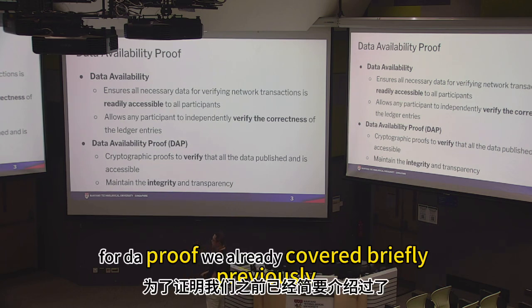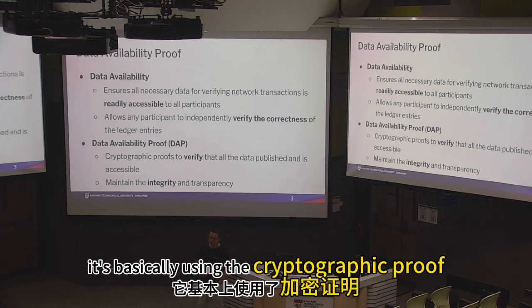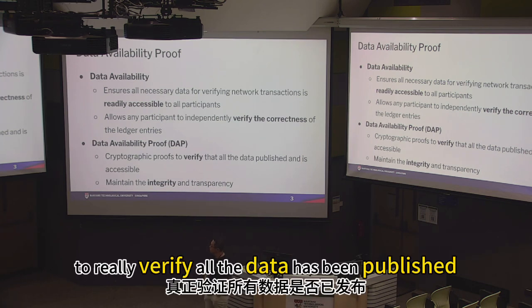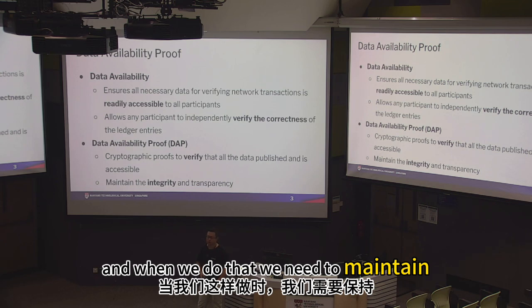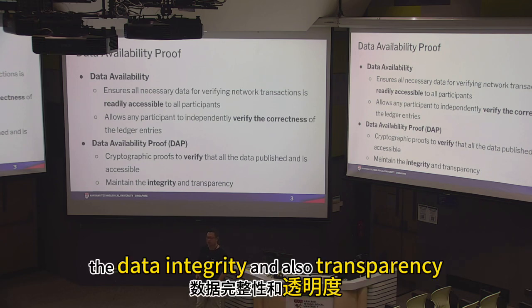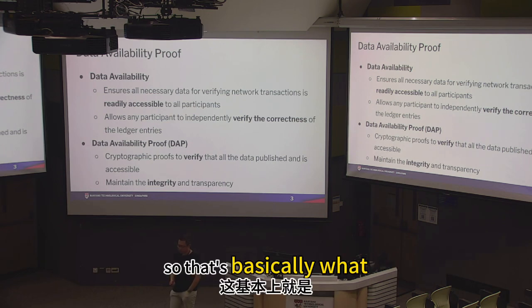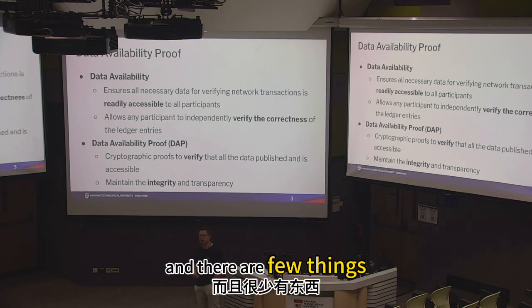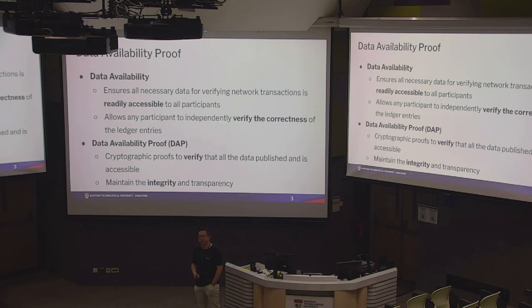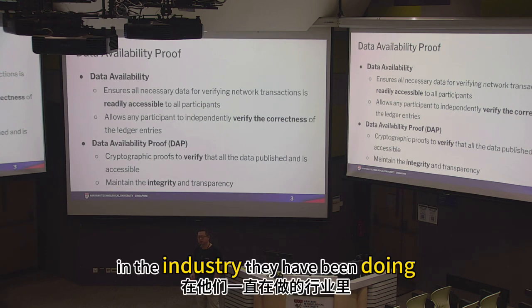For DA proof, we already covered it briefly previously. It's basically using cryptographic proof to verify all the data has been published and is also accessible. When we do that, we need to maintain data integrity and also transparency. That's basically what data availability proof is really doing. And there are a few things the industry has been doing.